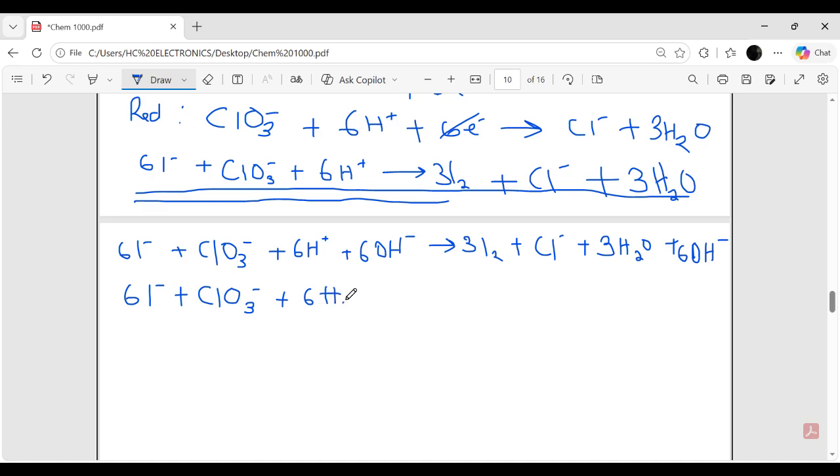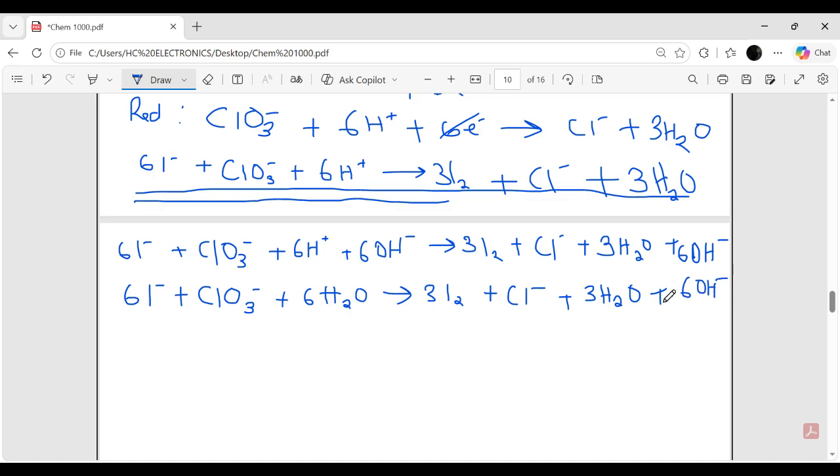That is equal to 3 iodate plus iodine plus chloride ion plus 3 water, then plus 6 hydroxide.